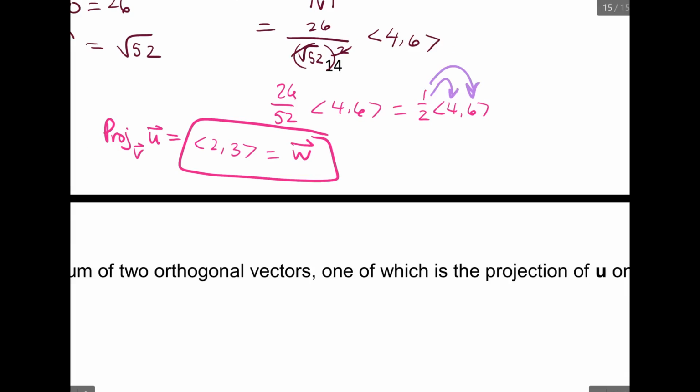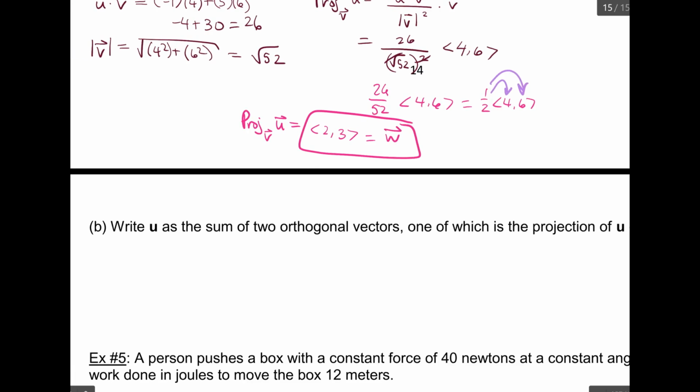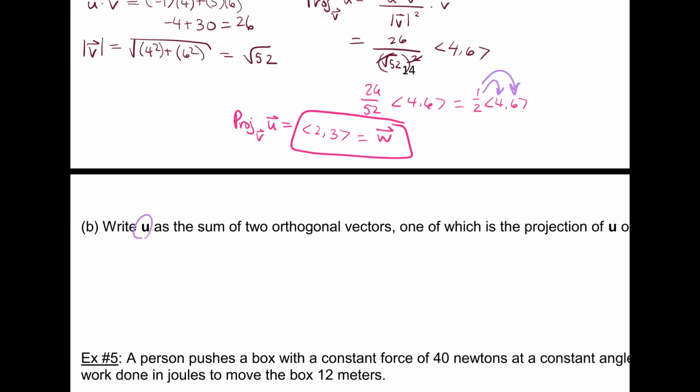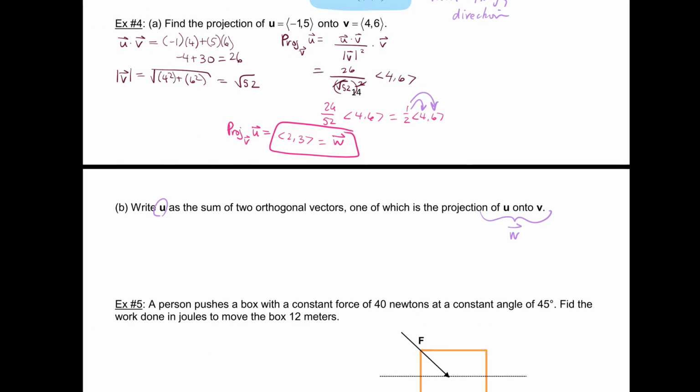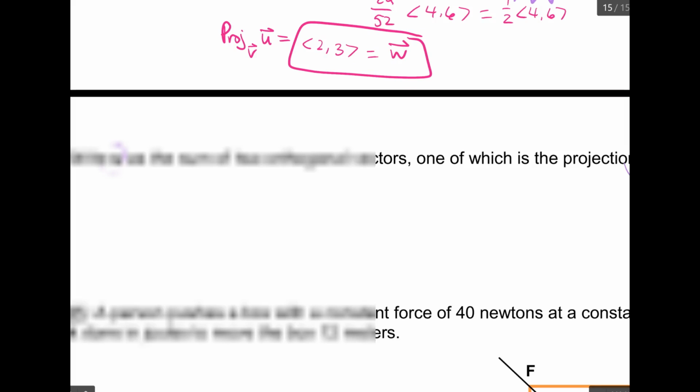Okay. Write U as the sum of two orthogonal vectors, one of which is the projection of U onto V, aka that's my vector W. Alright, so what I'm trying to do is write this as a sum of two orthogonal vectors.